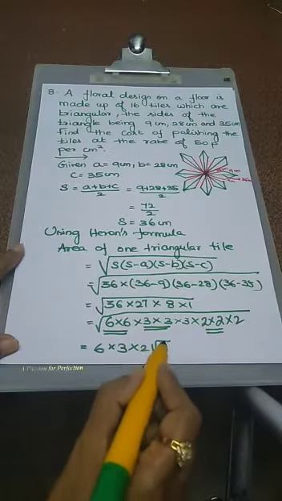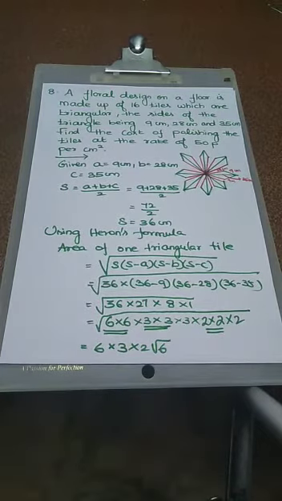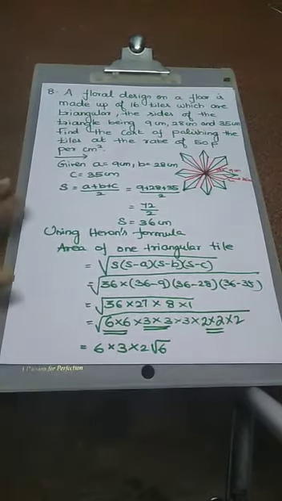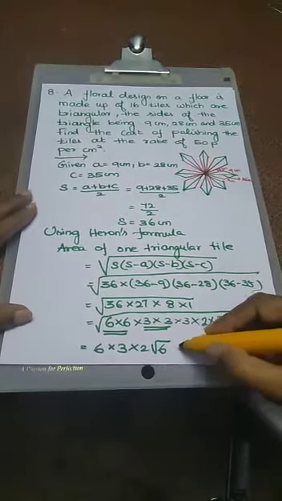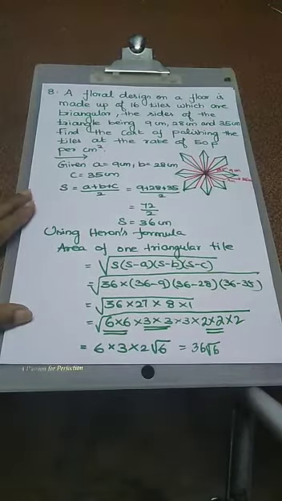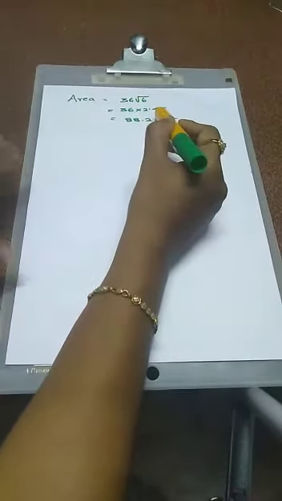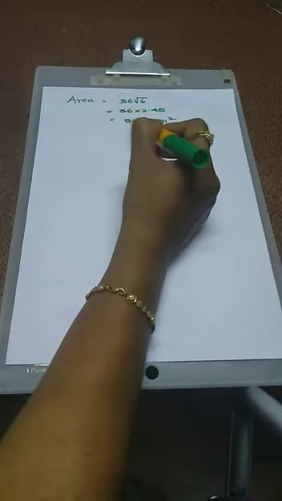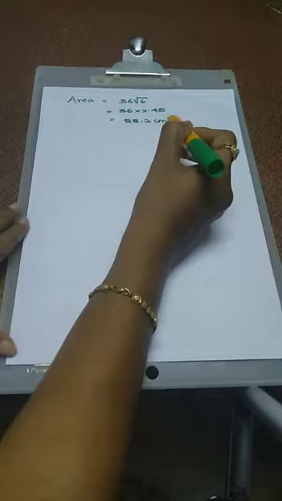Another one balance answer 6. So, what is the value? 6 3s are 18. 18 2s are 36. So, 36 root 6. Area is equal to 36 root 6. Apply the root 6 value, that is 2.45. So, multiply the value, we get the answer 88.2 centimeter square.